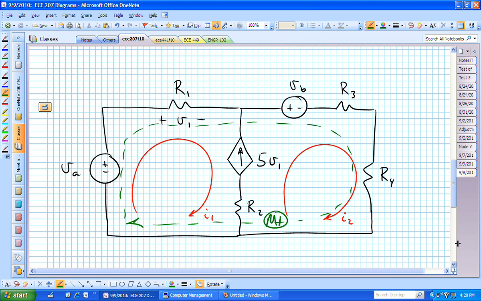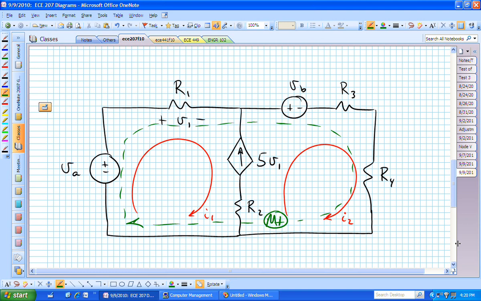So yes, if you're checking your work and you go 5V1, uh-oh, I've done something wrong. Now you have to remember that that 5 is a magical 5. It's doing something special. It's more than a 5. It's converting a voltage to current.